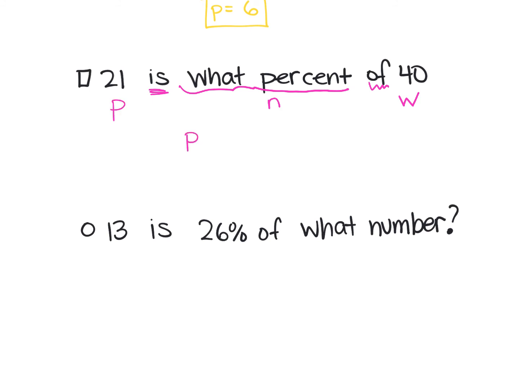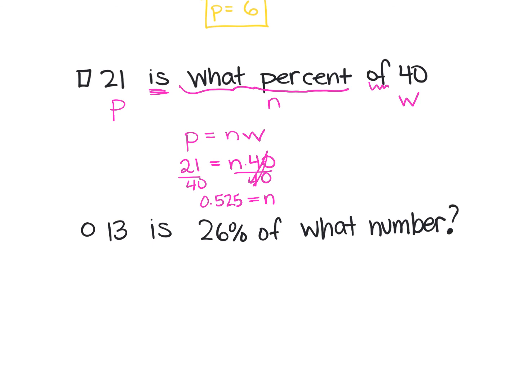So when we do our equation, part equals percent times whole. This time, I know my part is 21. We're looking for the percent, and my whole is 40. So now I have this equation here. I can divide both sides of my equation by 40 because that cancels those out. 21 divided by 40 is 0.525.